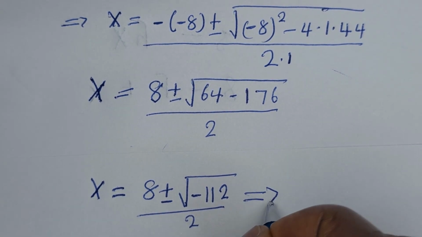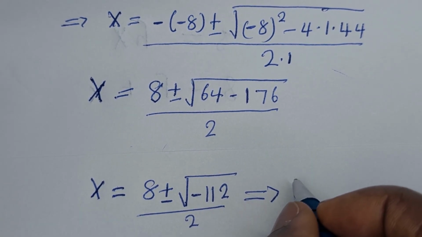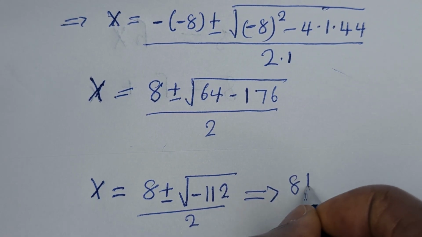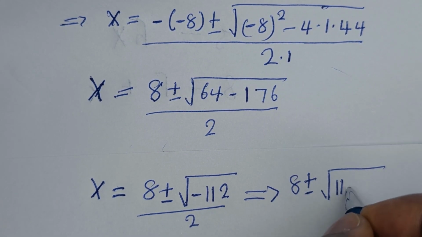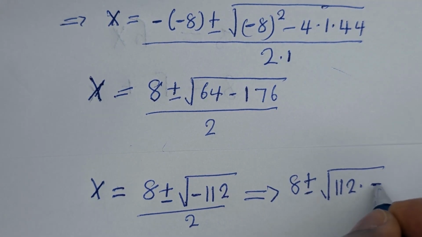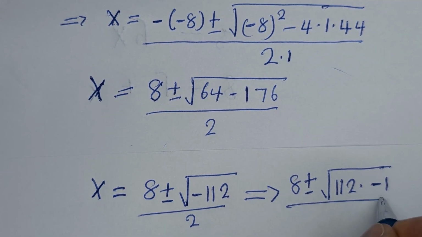And this is the same thing as 8 plus or minus square root of 112 multiplied by minus 1 over 2.